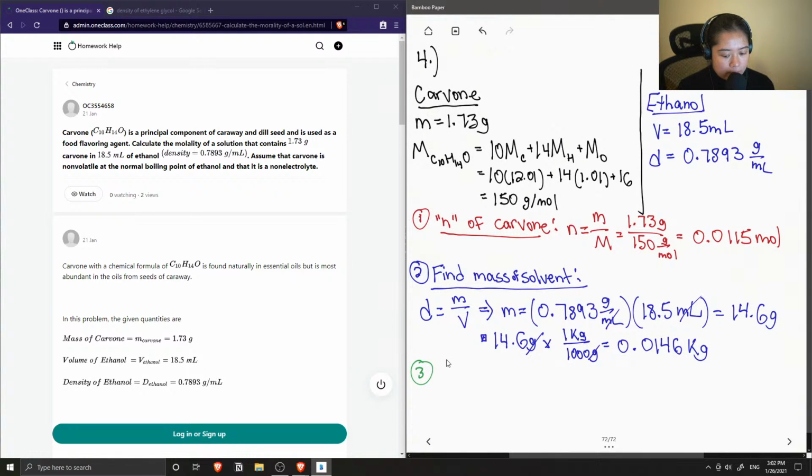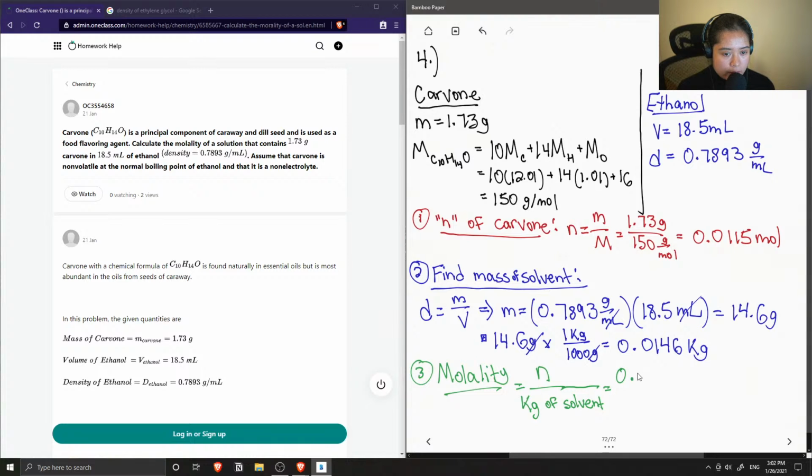And now we have everything we need to find the molality of this solution. So again, molality is just equal to the number of moles divided by the kilograms of solvent. And we have both of these.